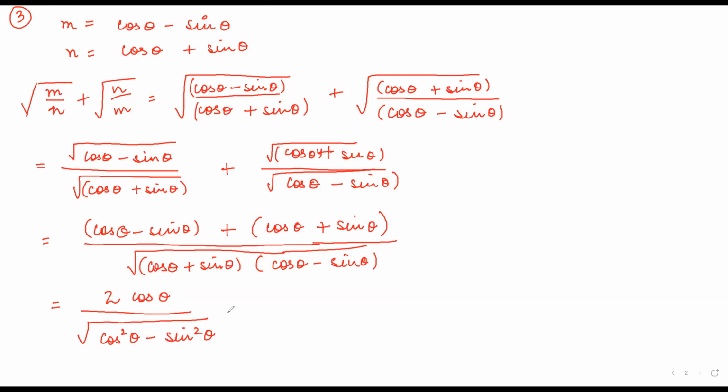Okay. So this becomes 2 of cos theta divided by, see, there's no identity like this, so we can divide it, like divide by cos square theta. So 1 minus tan square theta, right? Yes, ma'am. So I'm getting one cos theta extra. Why?